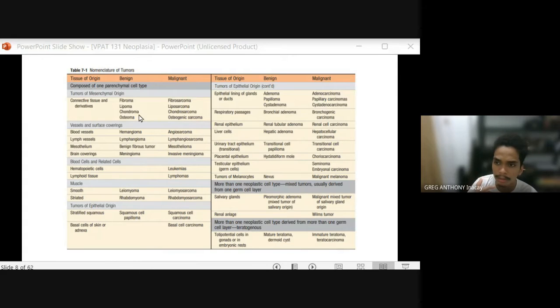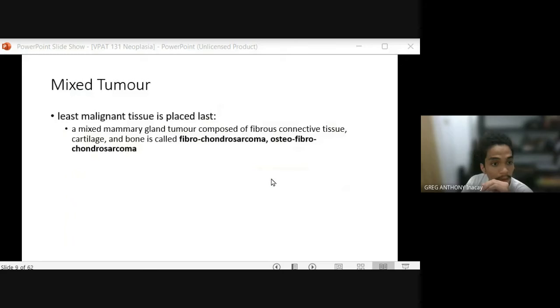So they just added sarcoma. And for the case of carcinoma, they just added, for example, the basal cell carcinoma.